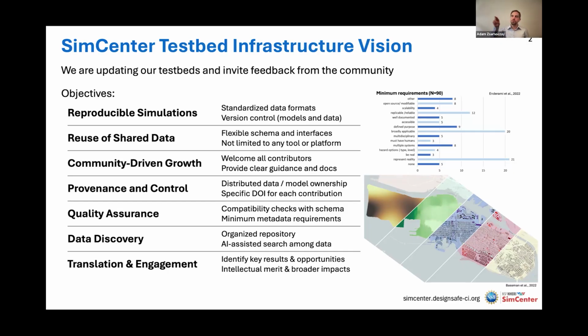I have a part of Elena's slides here in the corner showing that researchers do have an opinion, and we want to listen to that opinion and not only care about the data and the models that are involved in our test bed, but we believe that as the SimCenter, we have an opportunity here to also think about the infrastructure for the test bed.